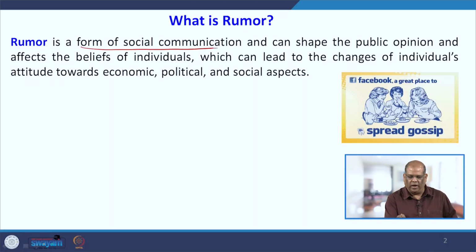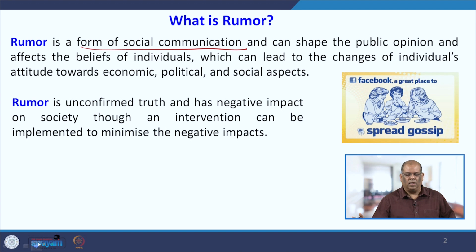I am sure you all know what a rumor is, but the definition goes like this: it is a form of social communication and can shape public opinion and affect the belief of an individual, which can lead to changes in individuals' attitudes towards economic, political and social aspects.